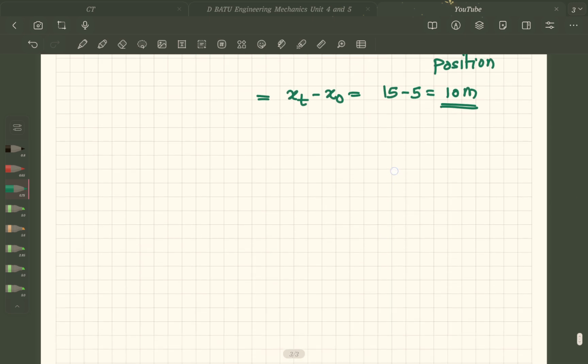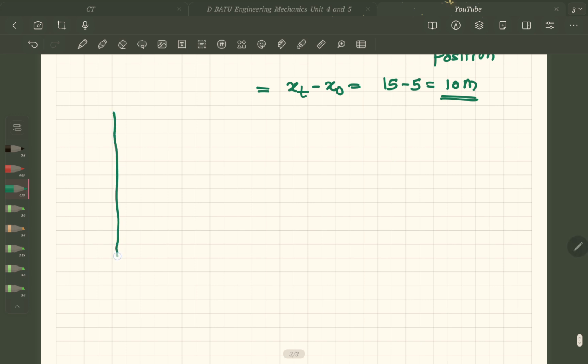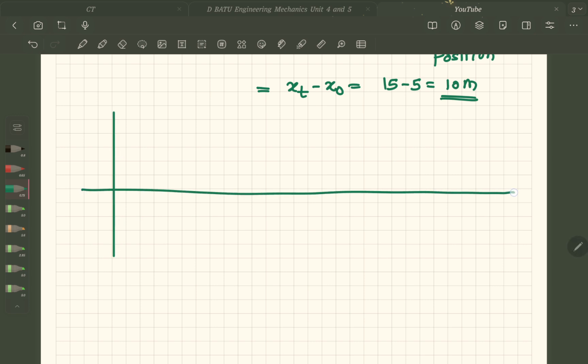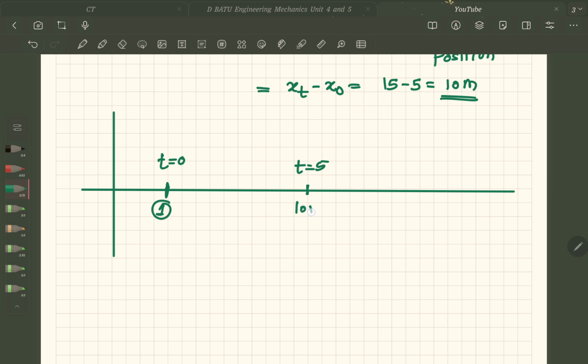So if I take one more example, suppose again the object is traveling in a straight line, and suppose I am starting the initial point here. So I am considering the time period or measurement starting point is 0, object is at first point. Suppose after 5 seconds it reaches 10 meter, after 10 seconds it reaches 20 meter, something like this.